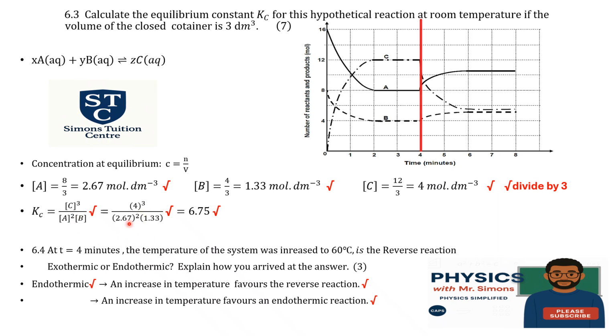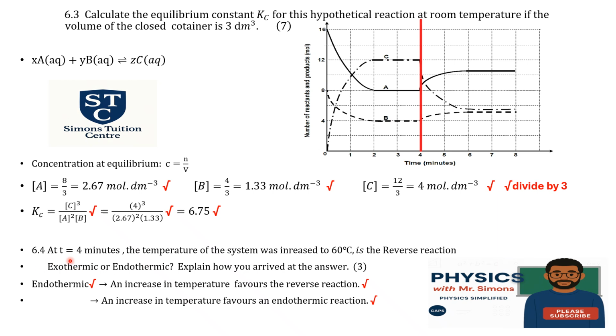A squared gives me 2,67 squared, and B is 1,33. If I punch that all in a calculator, I get 6,75. Right, no units. So 1 mark for the correct formula, 1 for correct substitution, and another mark for the answer for Kc. So I have 1, 2, 3, 4, 5, 6 marks. Now a 7th mark for dividing by 3.